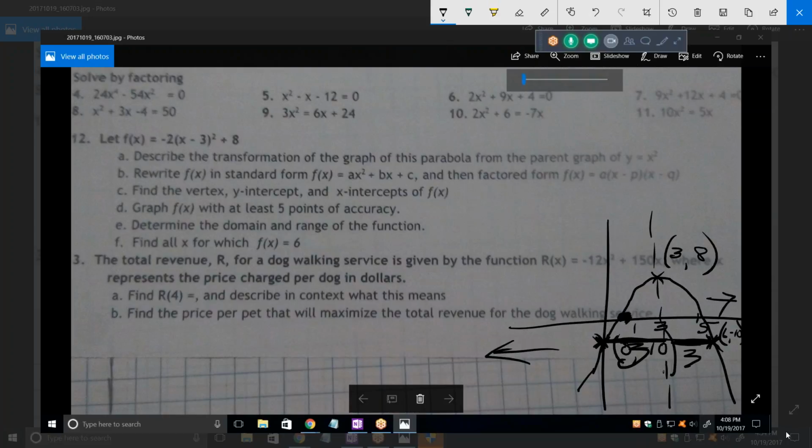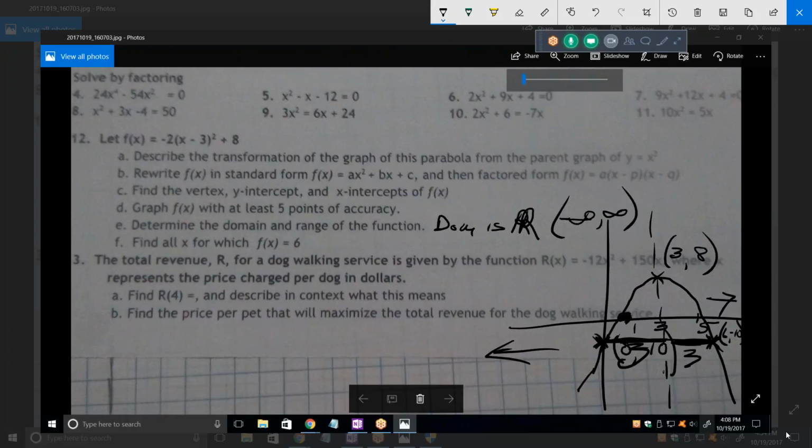So the domain is all real numbers, meaning negative infinity to positive infinity in interval notation. And I can tell that by just looking at it. But know that that is the domain for all parabolas that are vertical in nature. The domain is always all real numbers for parabolas.